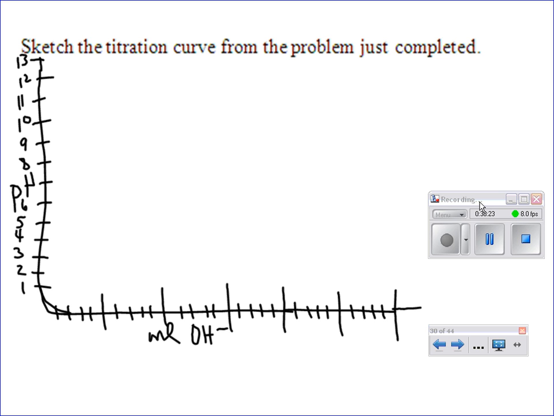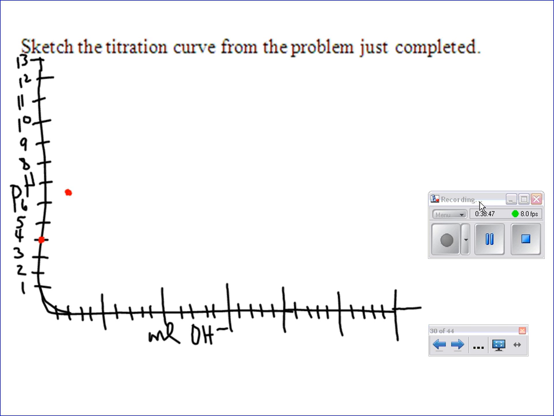Before we added any base, what was our pH? Pretty much 4, right? So we were pretty much here. Okay. After adding 5 mL, we were about 6.5. There. All right.